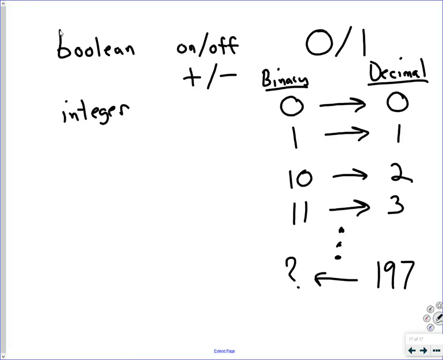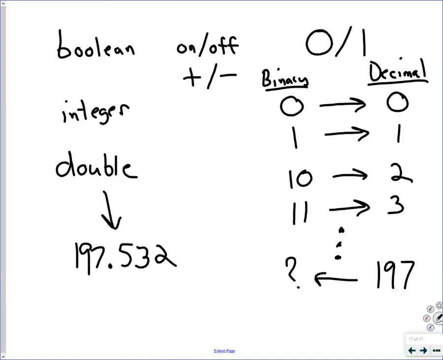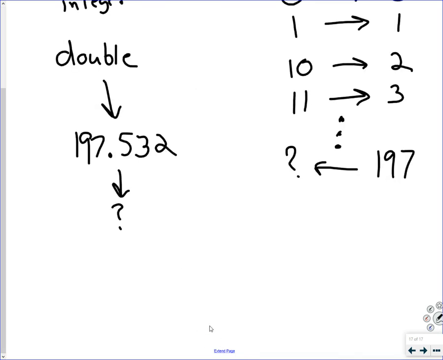So that's our challenge with the integer. Once we get past representing an integer, how do we represent real numbers, like doubles? How do we represent 197.532? How do we do that? Once we're finished with doubles, then what do we do? What's the next data type we need to represent?